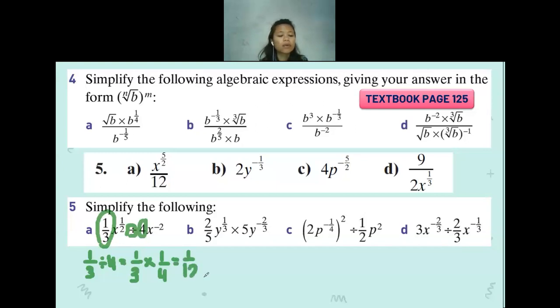Is there anyone having any confusion? For the numbers, we only solve the numbers. One-third divided by 4 is equal to one-twelfth. Is there anyone who has any confusion?